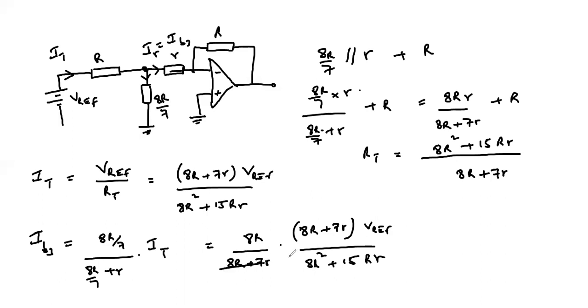You notice that these terms will cancel out, and you will get 8r over 8R squared plus 15Rr multiplied by the reference voltage. And this is the current contribution due to bit B3.